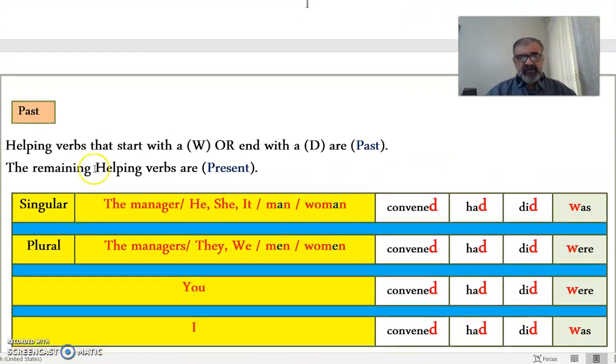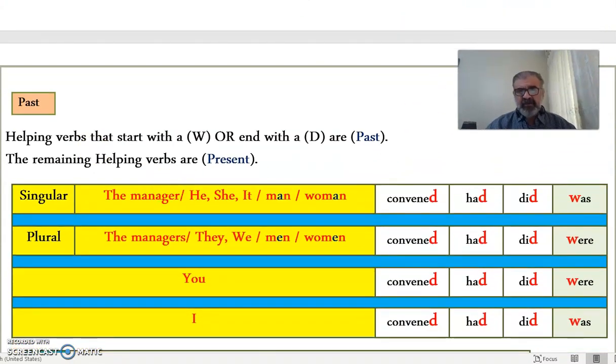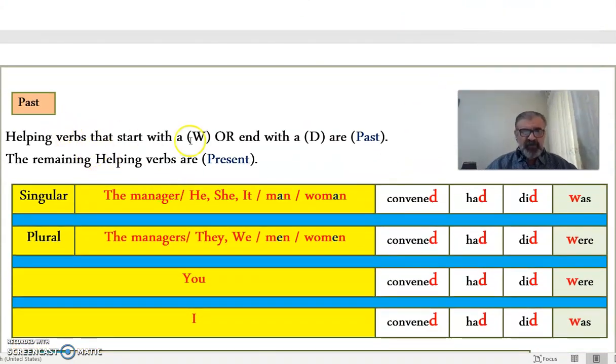Now as for the past, so easy. Look at this one. All helping verbs that start with a W or end with a D are past. Look at these. Had, did, was. And the same applies for the rest, even for main verbs as well.